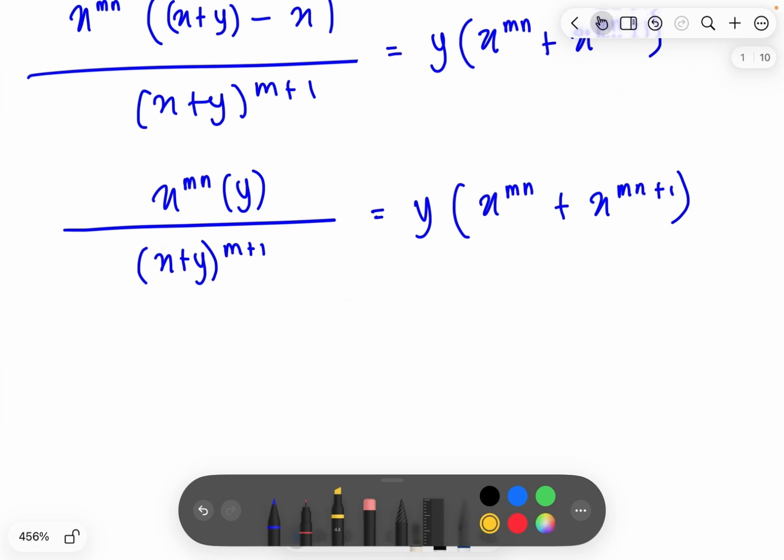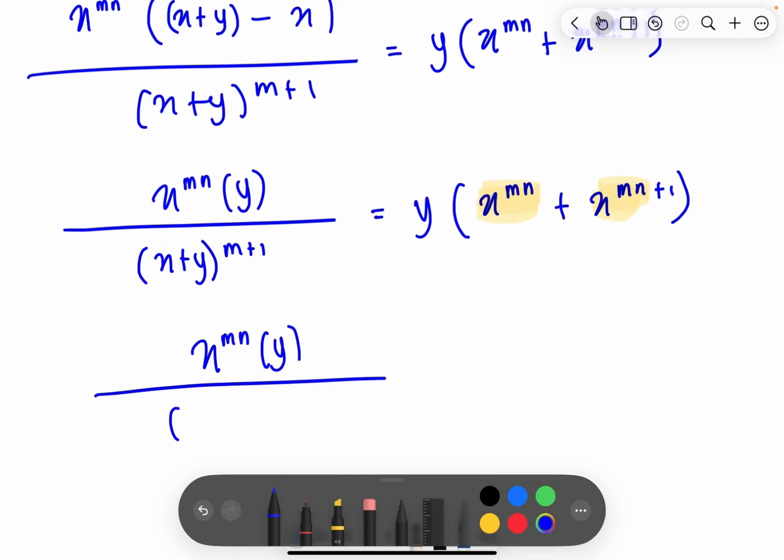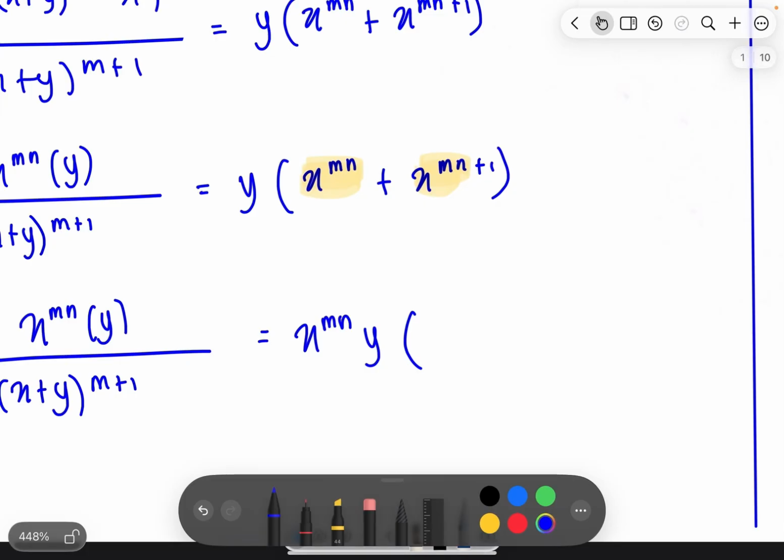So this one I can factorize x^mn, right? Okay, so I'm going to do that. So x^mn bracket y over (x plus y)^(m plus 1) is equal to x^mn y bracket, this is going to be 1 plus x.